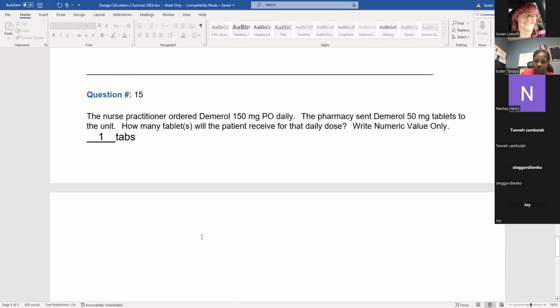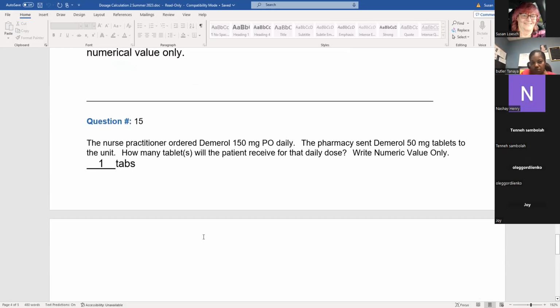And the last one. 3 tabs. Okay, good. All right, anything else? What else do you guys need me to go over?